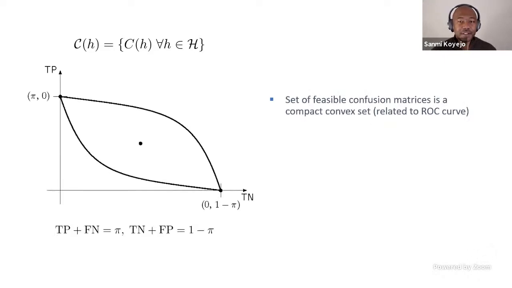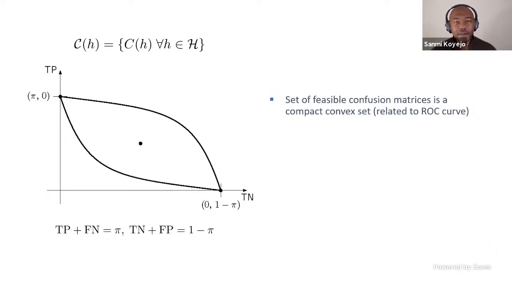In particular, you can show some nice properties. You can show that in general, the set of feasible confusion matrices, which are the achievable confusion trade-offs that a particular set of models can achieve, can always be described as a compact convex set.